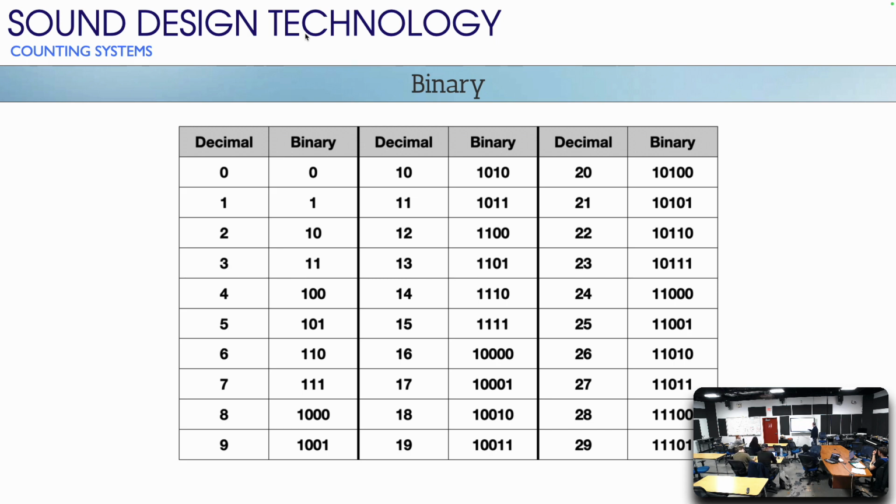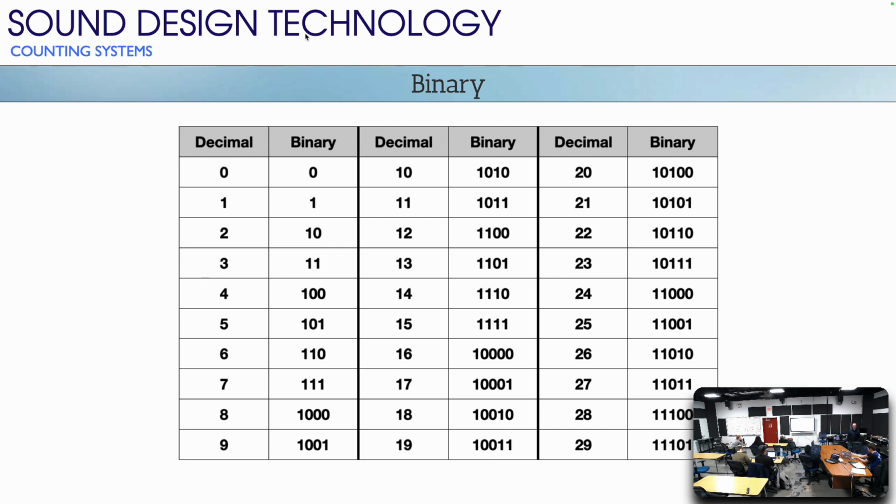Now go all the way up to 29. We got one set of 16s, one set of 8s, one set of 4s, no 2s, and one set of 1s. I get it.